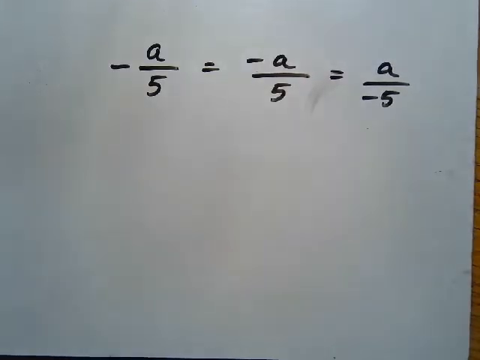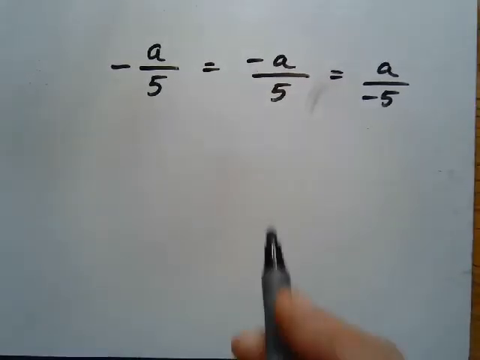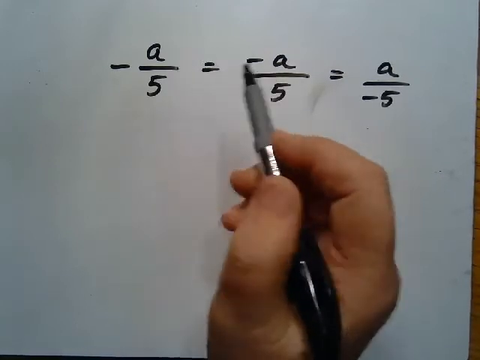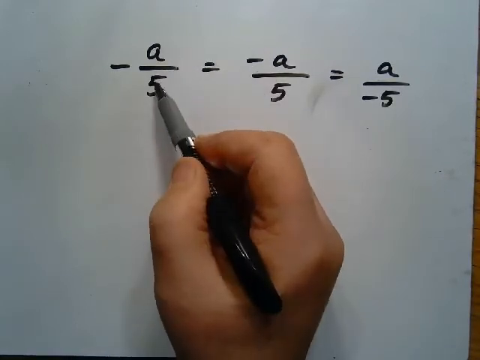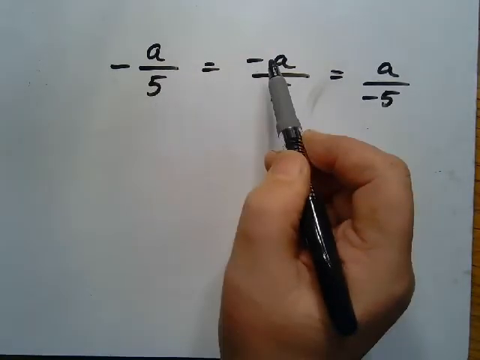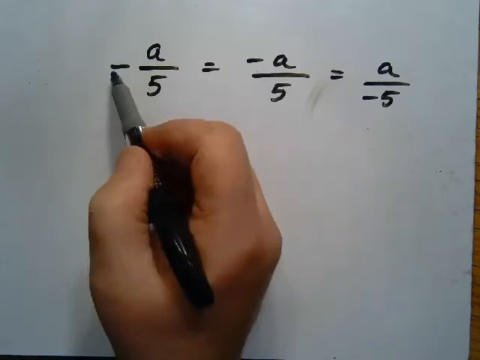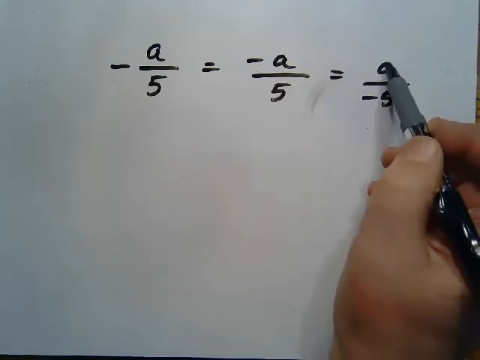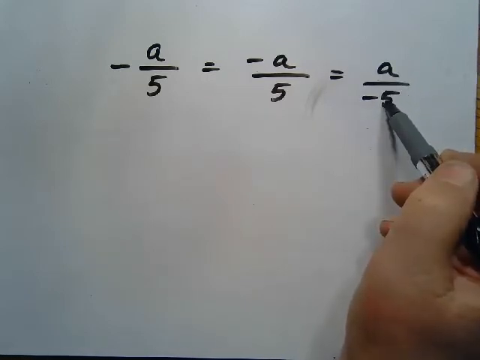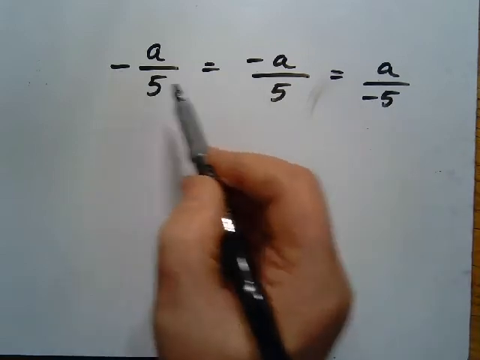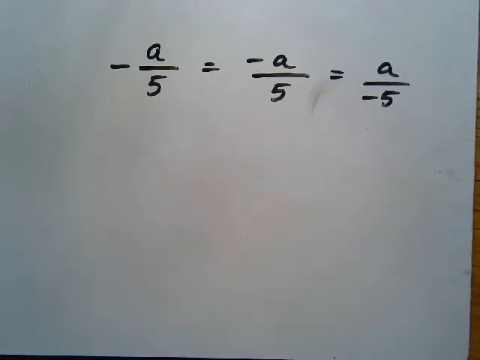All right, let's review a little something about negative signs. You know, when I take a number and divide it by another number, if one of them's negative and the other one's positive, I end up with a negative. Or if I turn that around, one's positive and the other's negative, I can get a negative as well. So these three are all equal to each other.